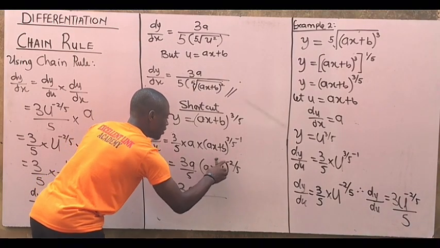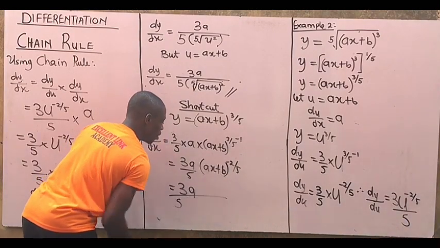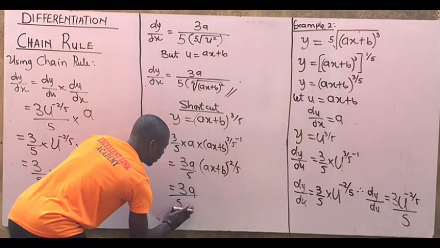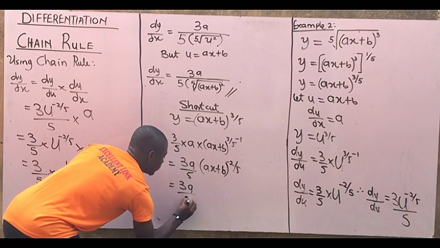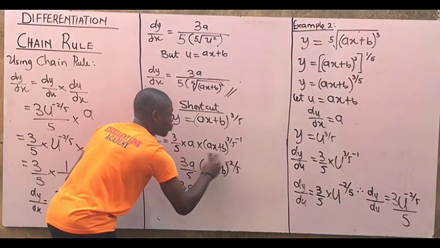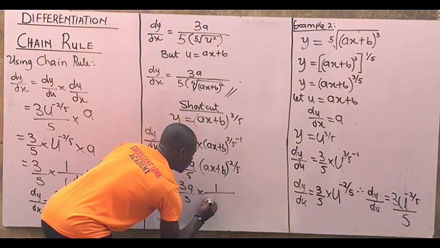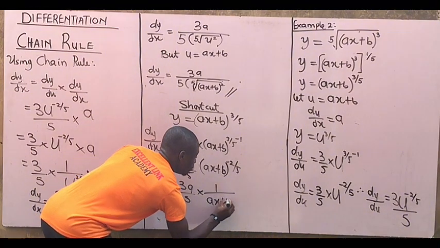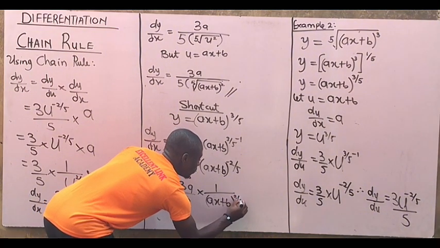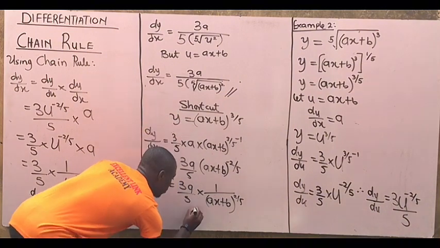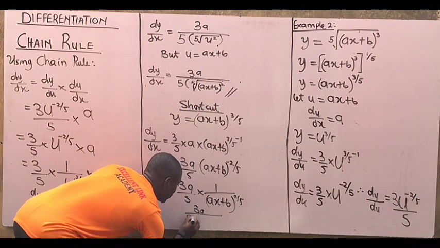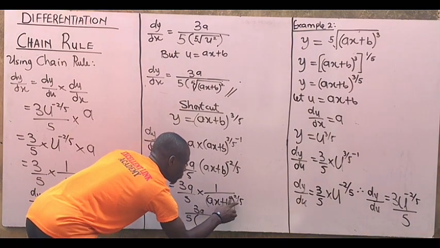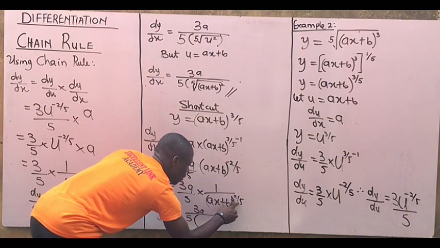Take this one to indices, with the minus power: I'll have 3a over 5 multiplied by 1 over ax plus b to the power 2 over 5. Multiply them, that becomes 3a, 1 over 5 into this 2 over 5.